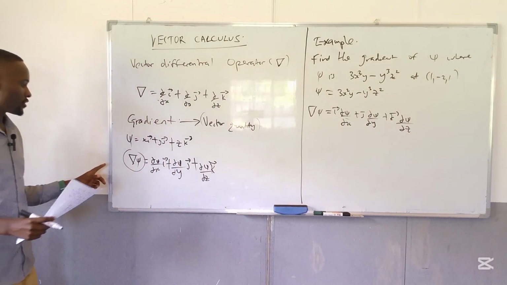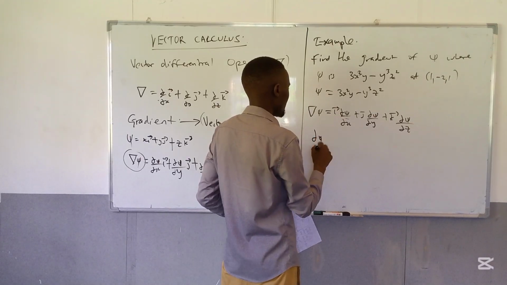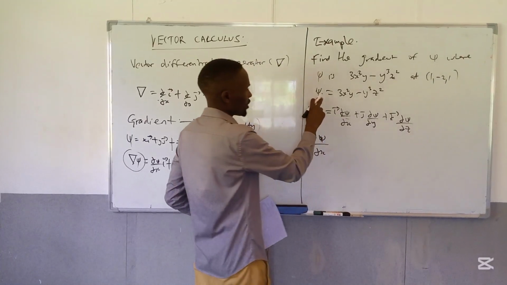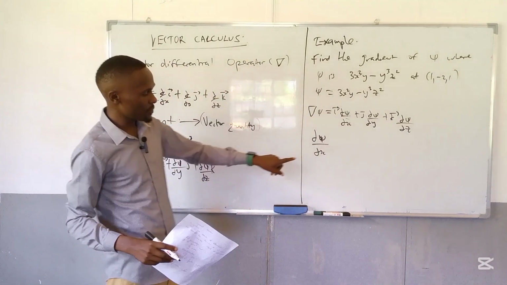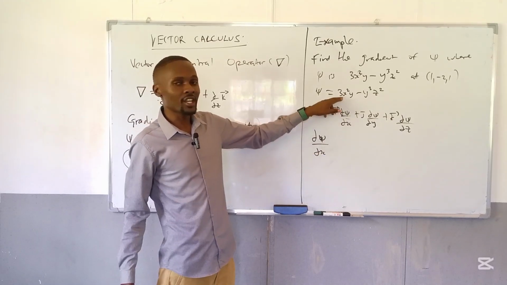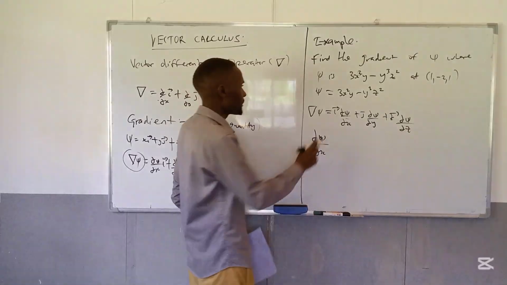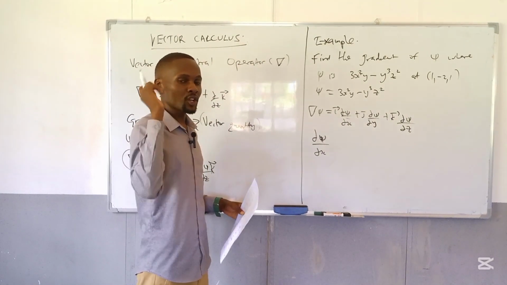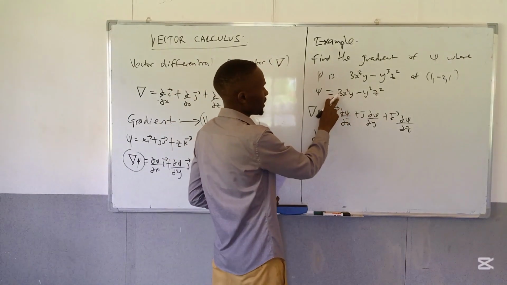So we are going to begin with finding the dphi over dx. You already know the expression for phi. Now, when we are deriving with respect to x, remember as you derive, you drop the power and then you subtract 1 from the power. So you drop the power here, which is 2.